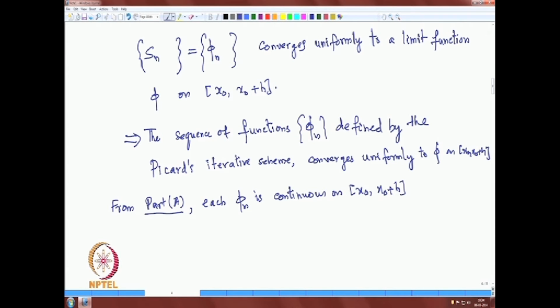Therefore, we can invoke the theorem which we discussed in the preliminaries to conclude that the limit function phi itself is continuous on x0 plus h.